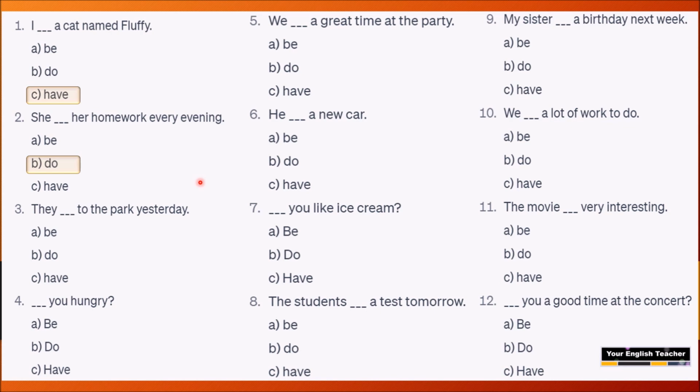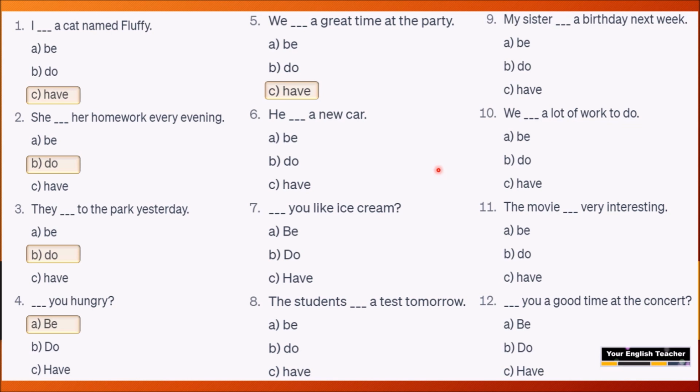Going is an action. So it's a do verb we require to fill up this blank. Dash you hungry? So it is about status. So we need a be verb to complete. Are you hungry? We dash a great time at the party. Had. We had a great time at the party.